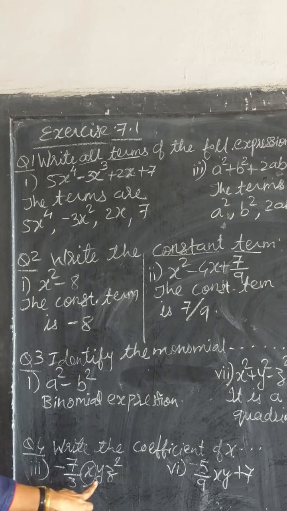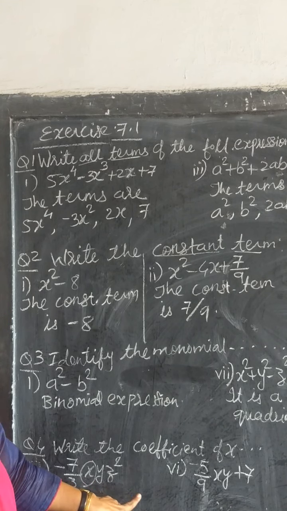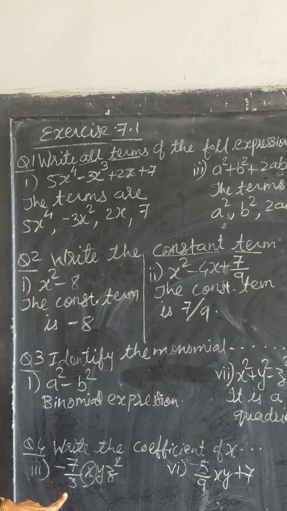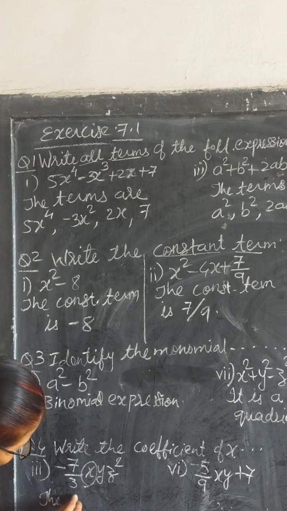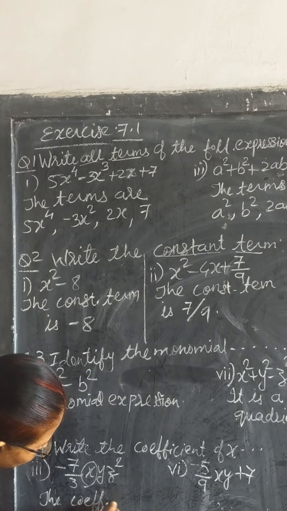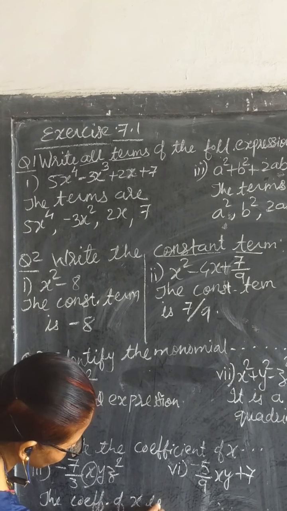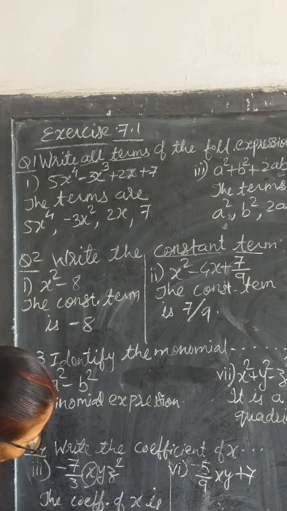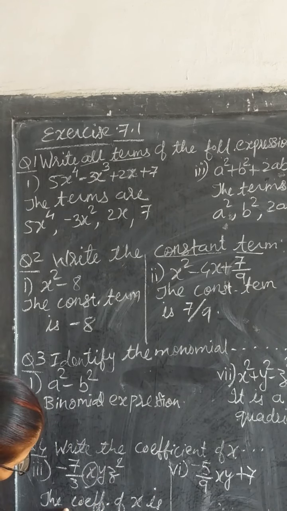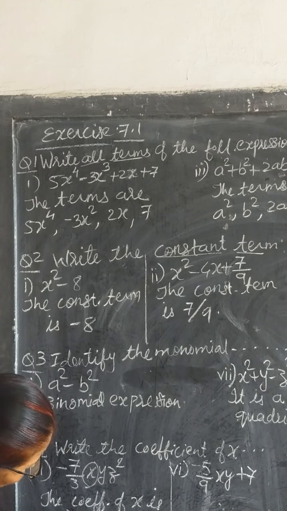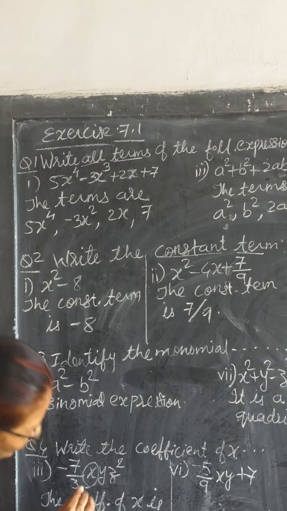Minus 7 by 3 yz square. So we will write here, the coefficient of x is minus 7 by 3 yz square.